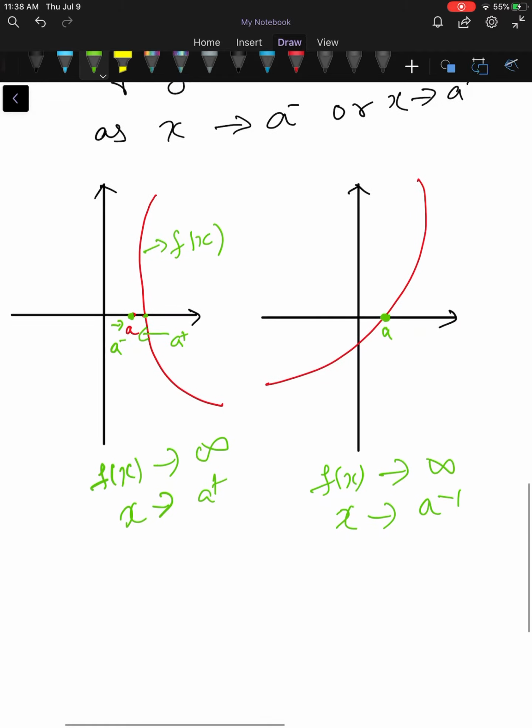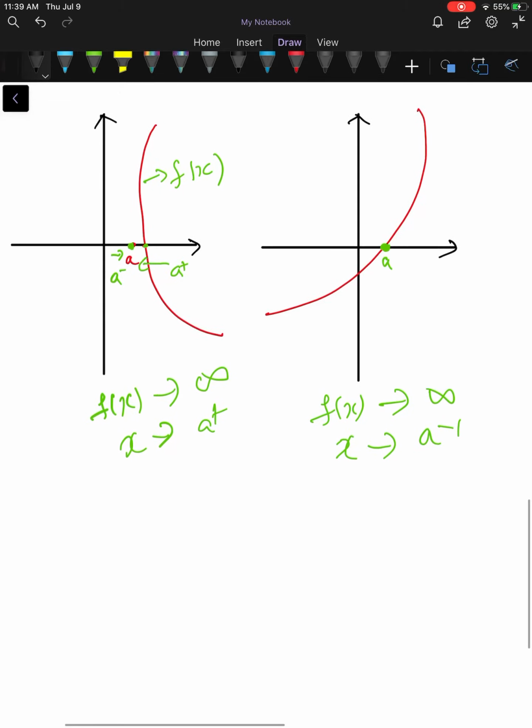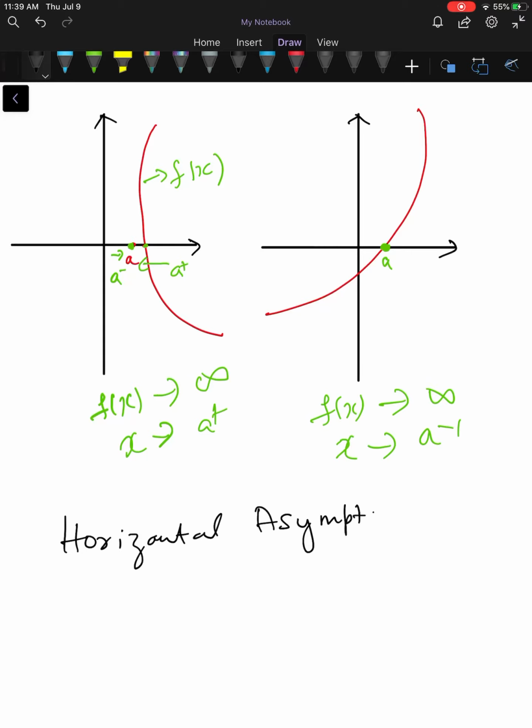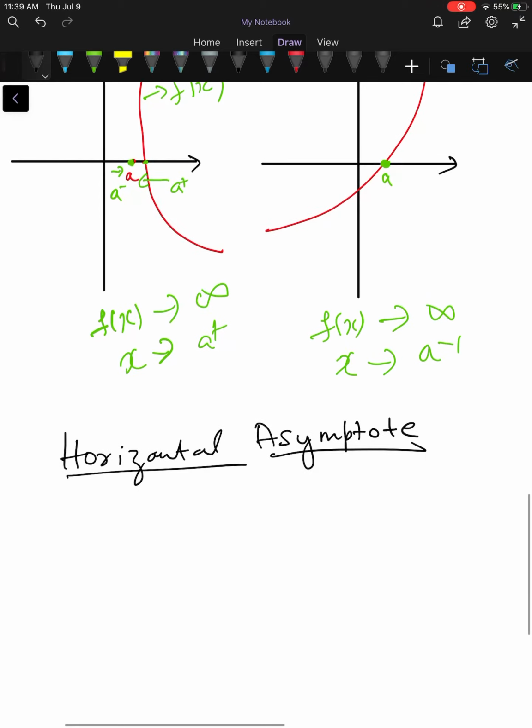The second definition is our horizontal asymptote. Horizontal asymptote, when do you have a line? It is again a line. When is it parallel to the x-axis? When your y value is constant and your x value is changing, right? Or the y value is 0.